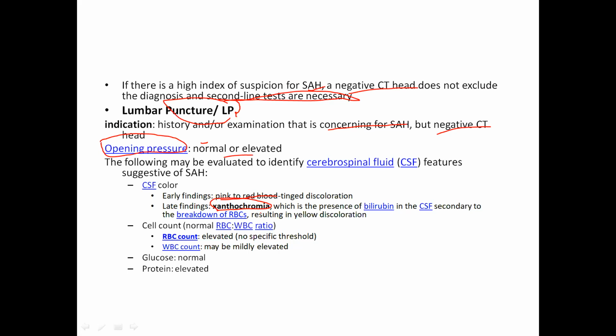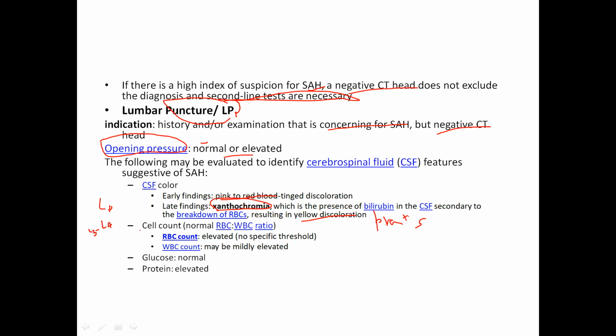This is the presence of bilirubin in the CSF secondary to breakdown of red blood cells, resulting in yellow discoloration. Xanthochromia is pathognomonic for subarachnoid hemorrhage. By the way, you will do LP in the space between L3 and L4.